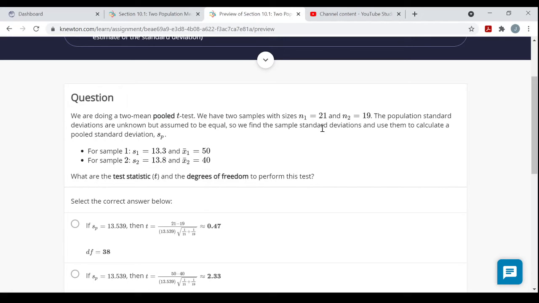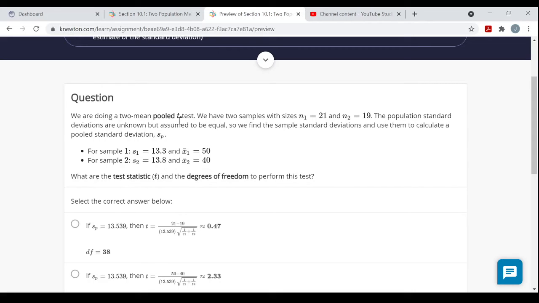So we find the sample standard deviations and use them to calculate a pooled standard deviation sp. Right. So for sample 1, the sample standard deviation is 13.3, and the mean of sample 1, x1 bar, is 50. Sample 2, the second standard deviation is 13.8, and the second sample mean is 40. So what are the test statistic and the degrees of freedom to perform this test?